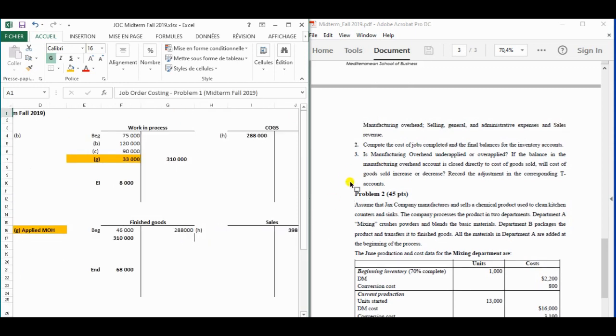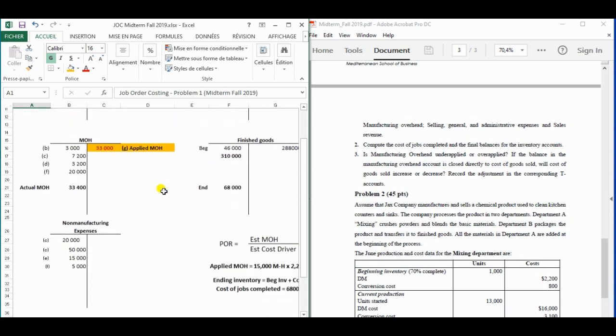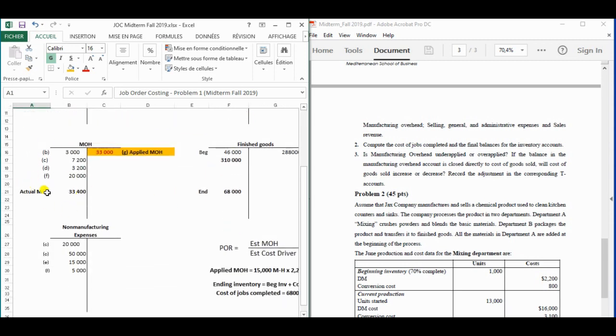Third question, is manufacturing overhead underapplied or overapplied? So now we need to calculate the actual MOH. Actual MOH is the sum of debit side of MOH, and we'll compare the actual MOH and the applied MOH.